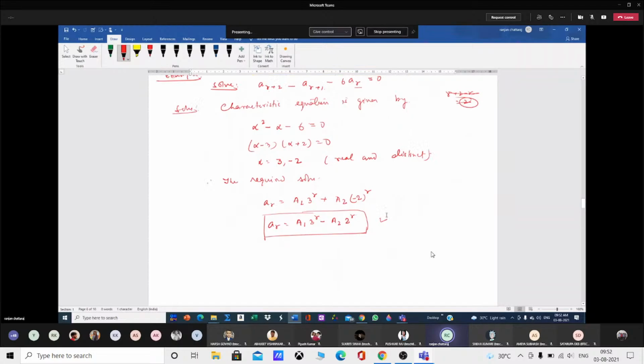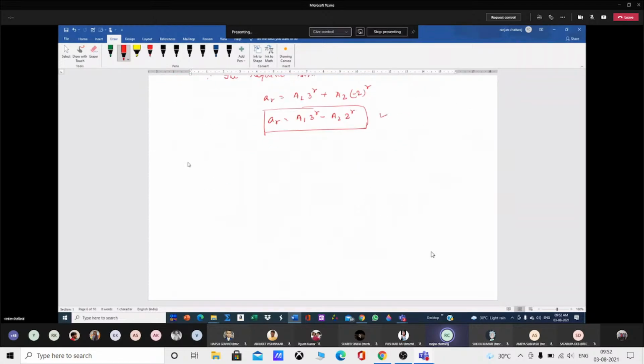Let me solve one more problem. Everybody try this one. Example: a_{r+3} plus 9 a_{r+2} plus 24 a_{r+1} plus 16 a_r equals 0.